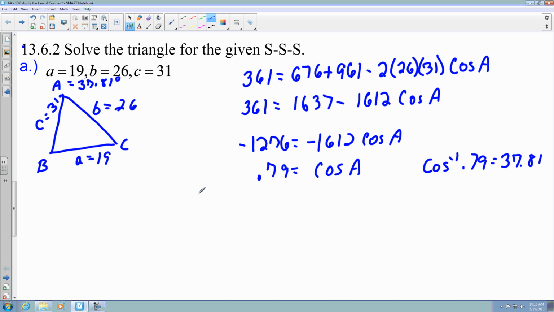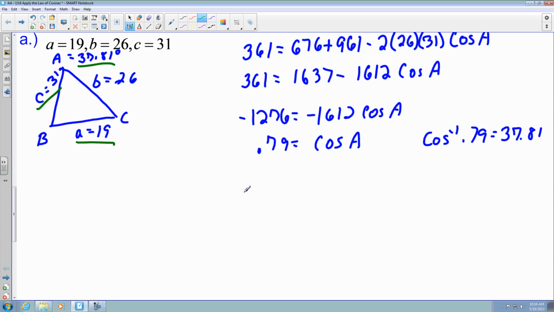So here I have side-angle, and this allows us to find the angle for C. So let's give that a try. So now I have the sine of 37.81 over the distance of A, which is 19, equal to the sine of C divided by the distance of C, which is 31.